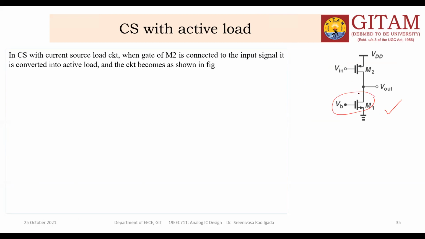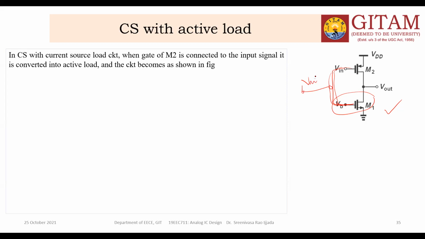So in CS with current source load, the gate of M2 is connected to the input signal, making it the active load. That means these two gates are joined and the input is applied like this.